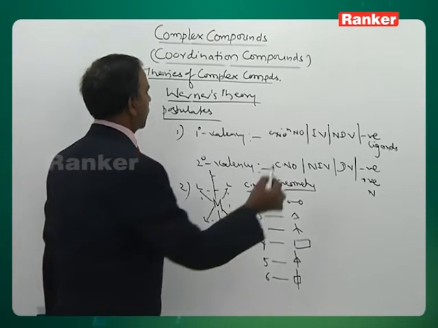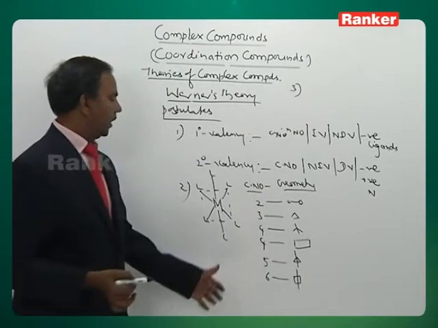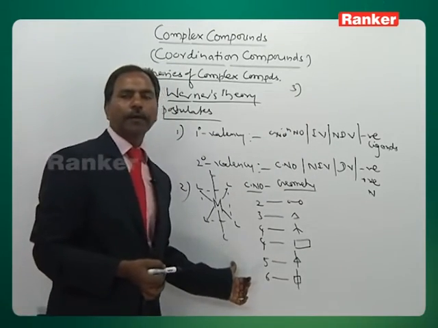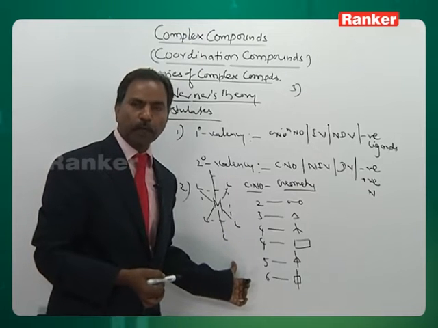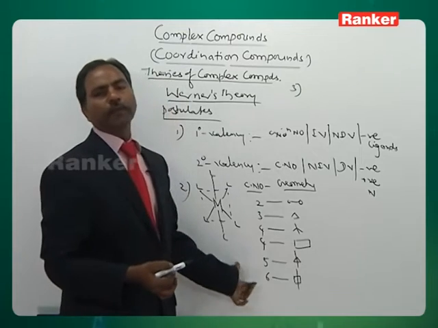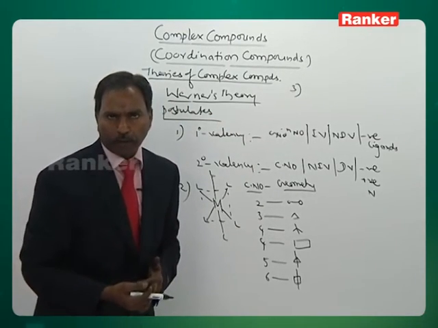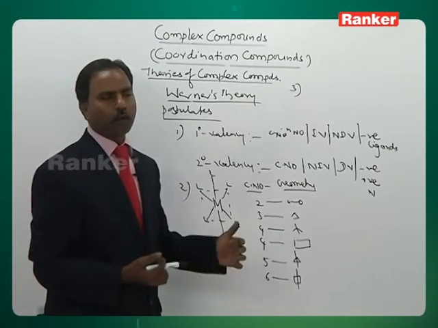Next, the third postulate, let us see what is this one. Each metal cation, according to its oxidation number or primary valency, possesses a fixed secondary valency or coordination number.